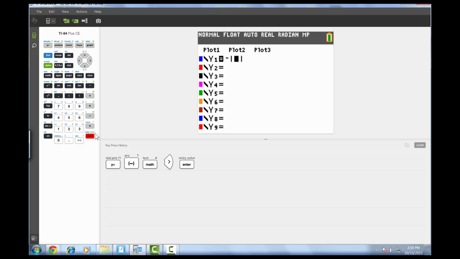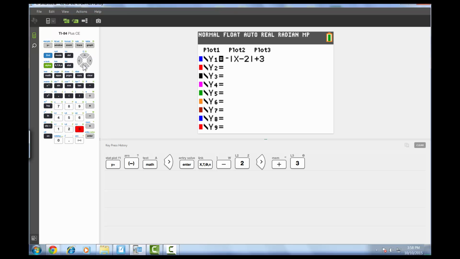Then our function says it's x minus 2, so right here is our x minus 2. Now to get outside of the absolute value, we need to scroll out of it, and then at the end we have plus 3. So there we've told our calculator for this first function, here it is.